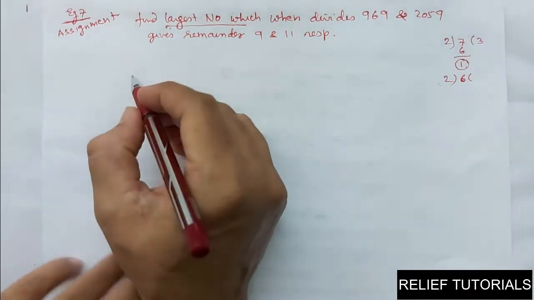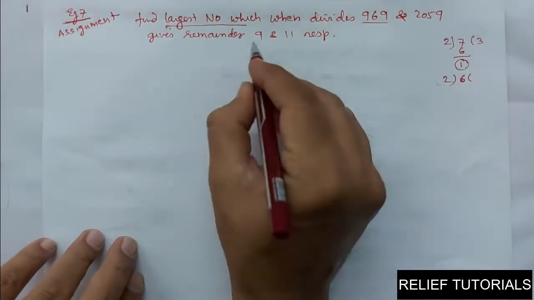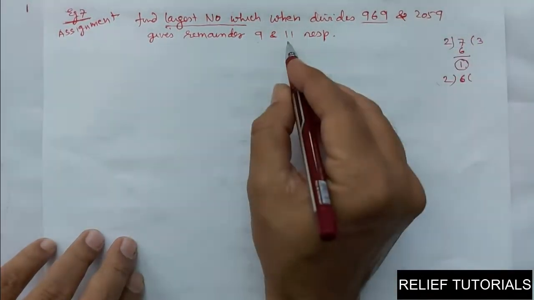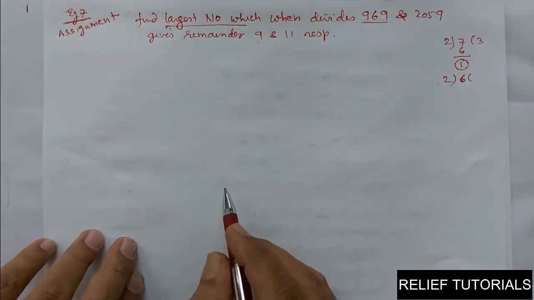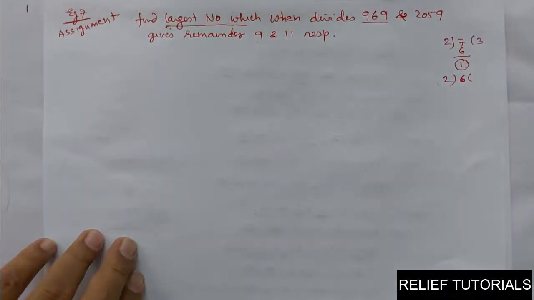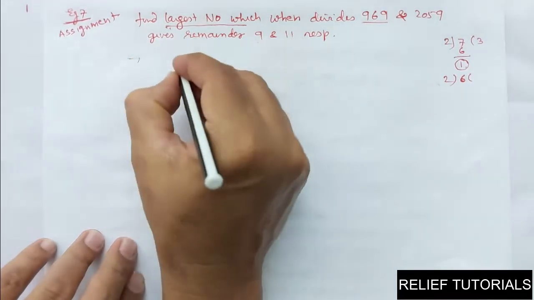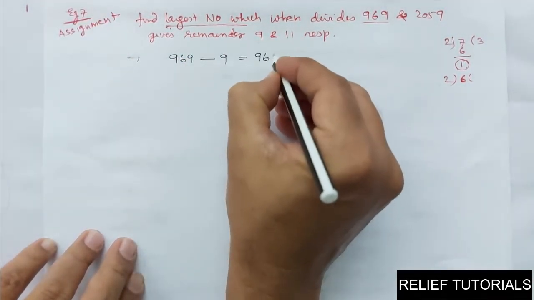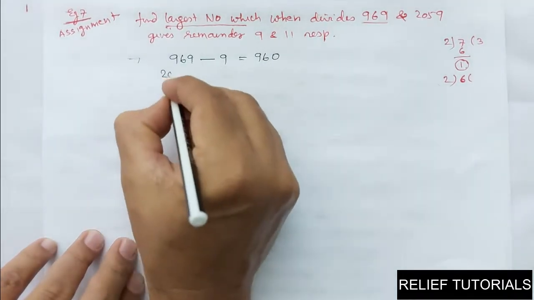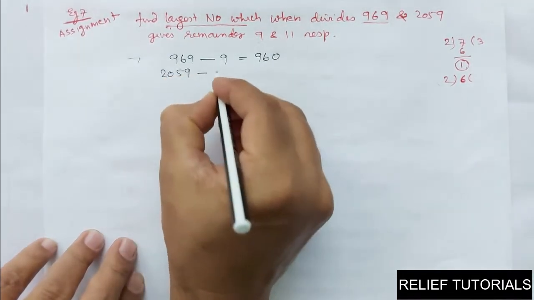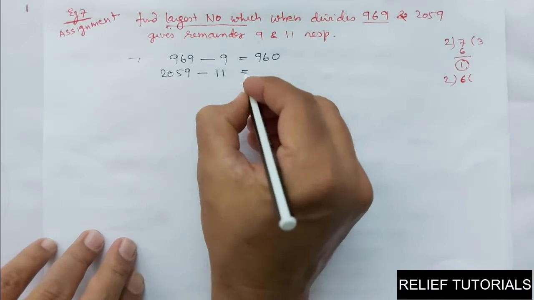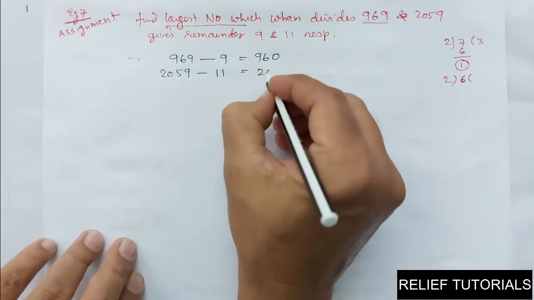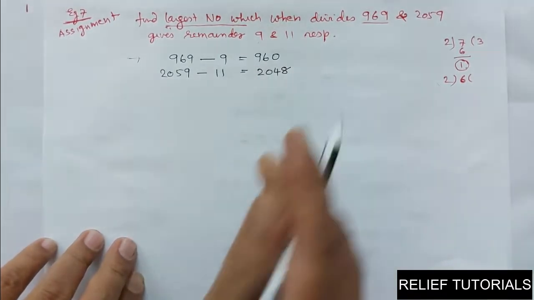Okay. So now this 969 leaves remainder 9 and 2059 leaves remainder 11. So here, 969 minus remainder 9 is equal to 960 and 2059 minus 11 you will get 2048.